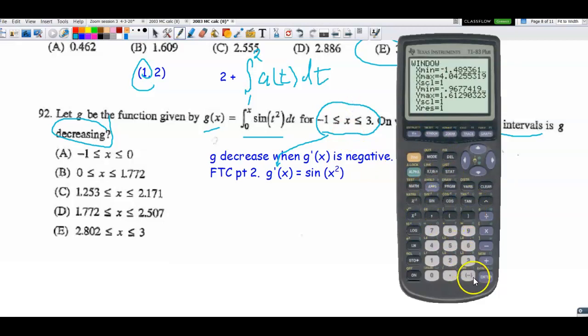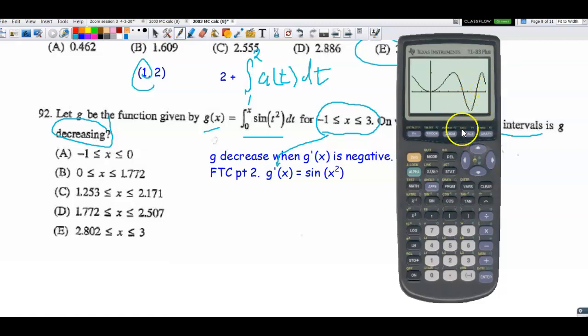My window is going to be from -1 to 3, and I'm going to count by 0.5, graph, and there it is right there.